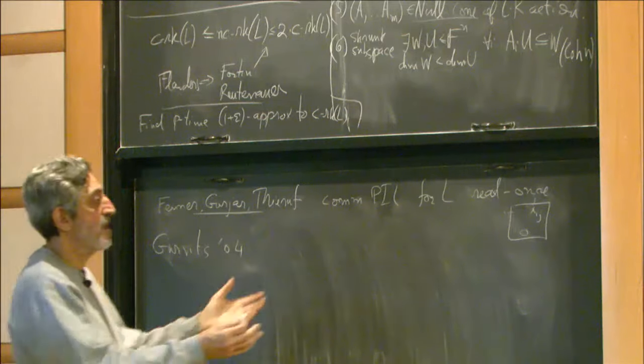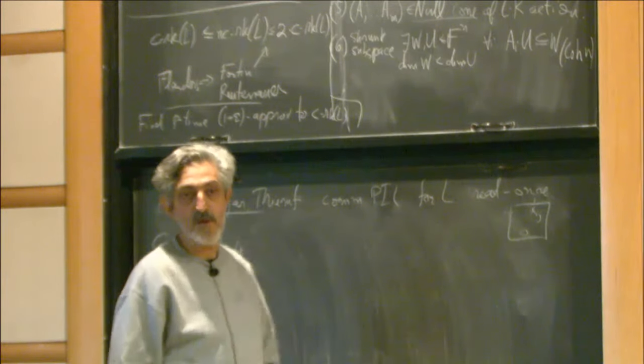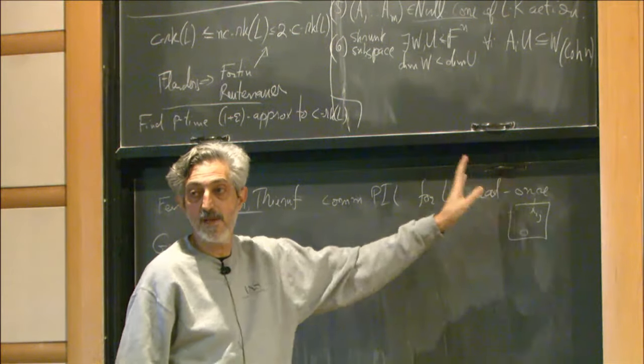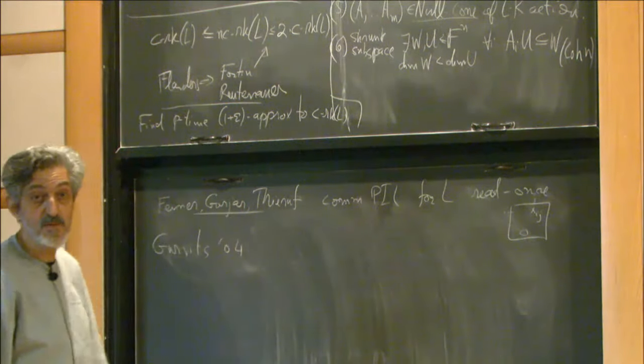So you can ask, what other matrices of some special form can you do? For example, if you allow arbitrary constants from the field and distinct variables, does it work? We don't know.